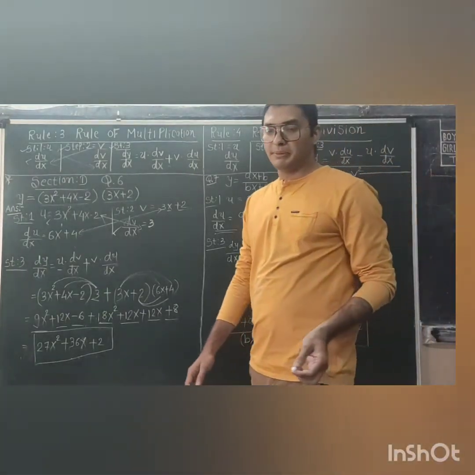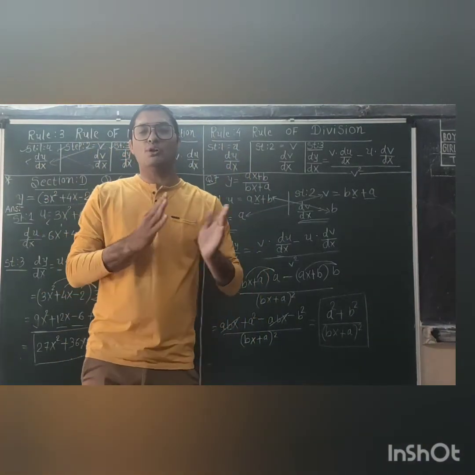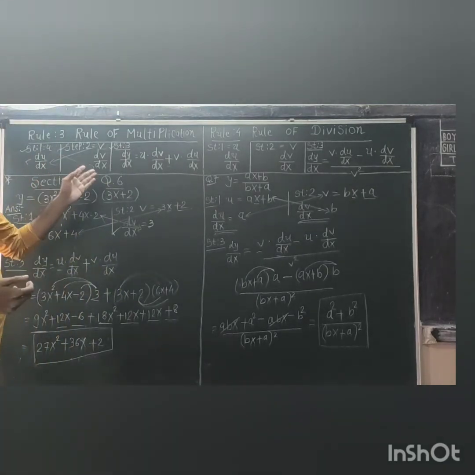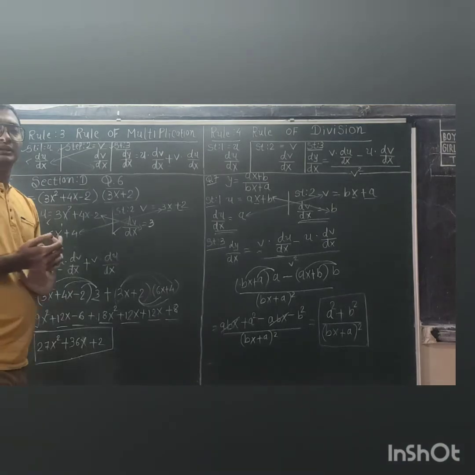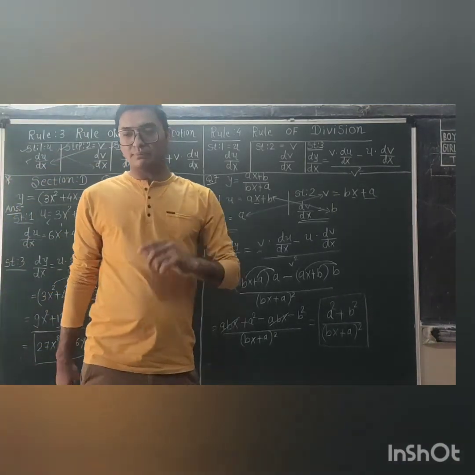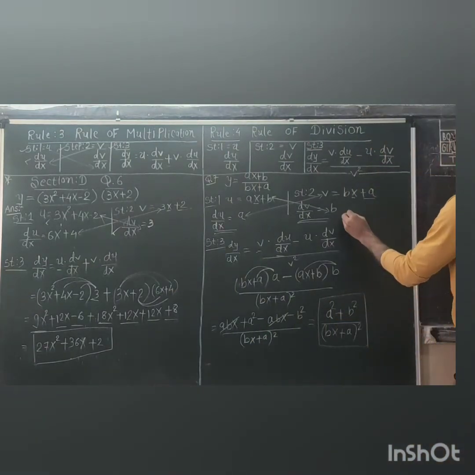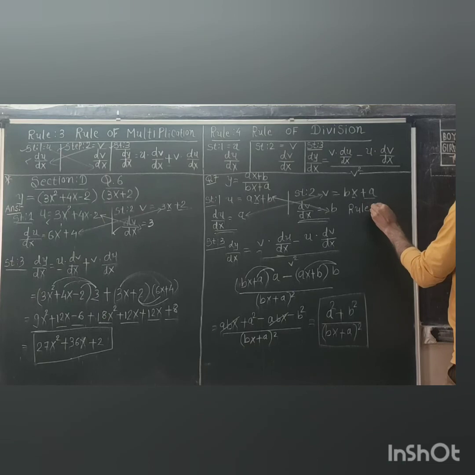So here we completed the rule of multiplication as well as the rule of division, where you can see that there are three simple steps and we have to follow them accordingly. Now there is rule number 5, that is the chain rule.